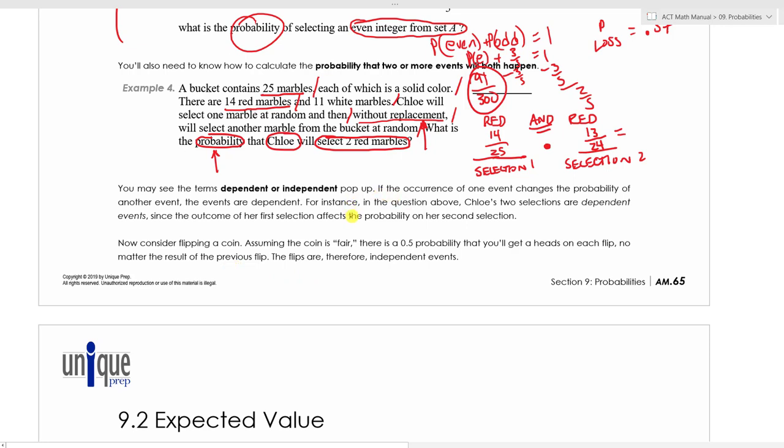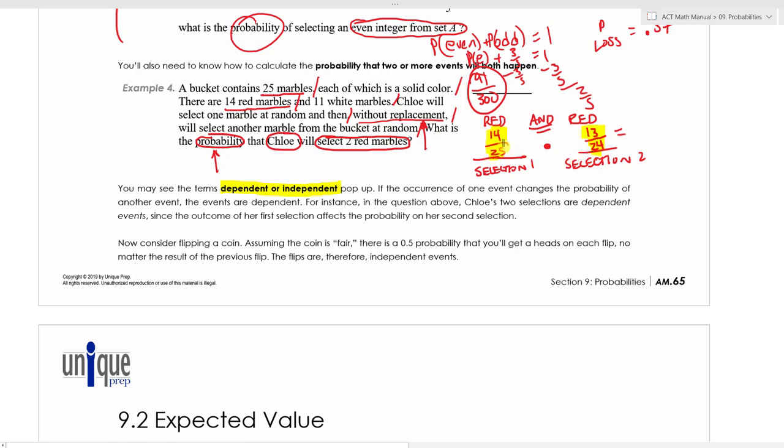Now, we have to talk about one more bit of terminology here, and that is the difference between dependent and independent events. Dependent events are events in which one of the events changes the probability of the other, and these up here would be really good examples of dependent events.